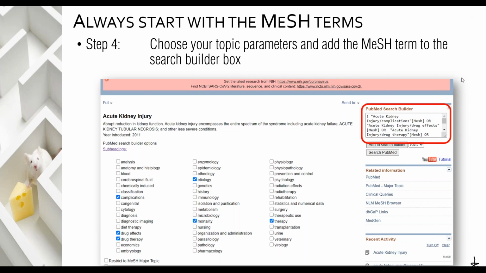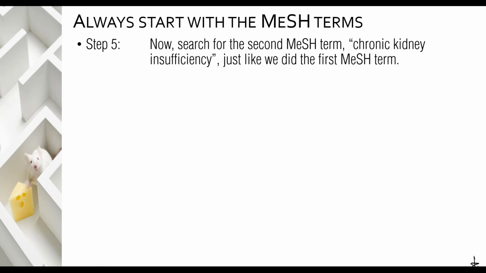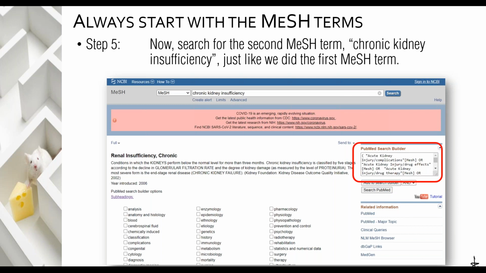Okay, and as you can see, by pressing on the button add to search builder, all that information automatically goes into the search builder box. So just by choosing what I want and then pressing the button under the box that says add to search builder, the entire parameters for search goes into the box.